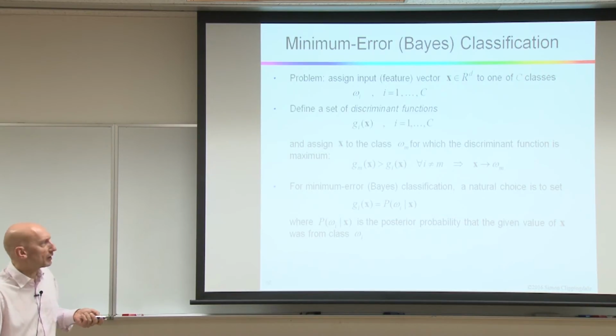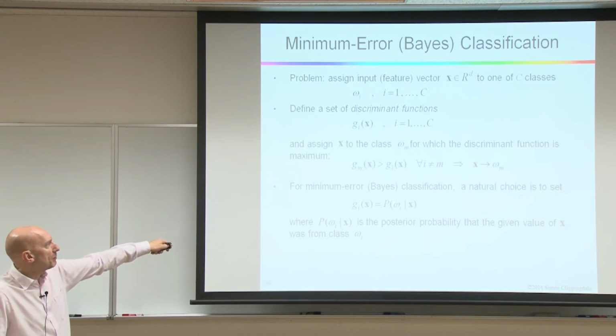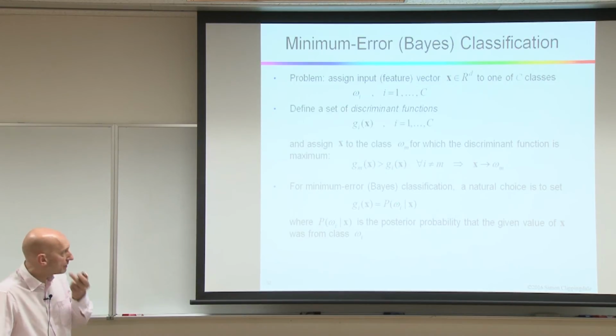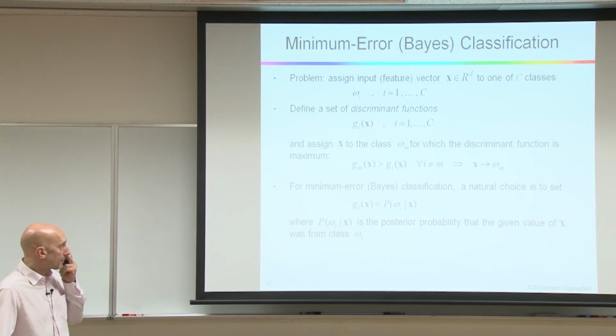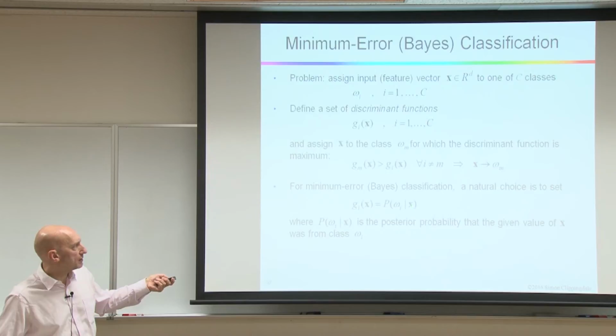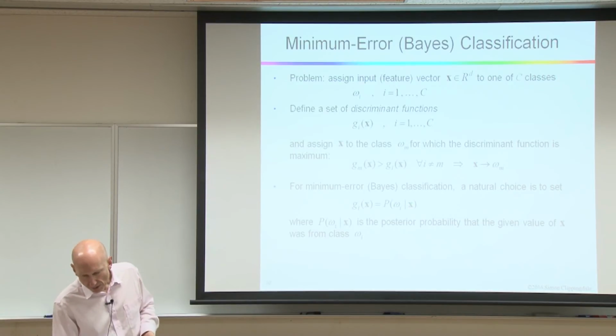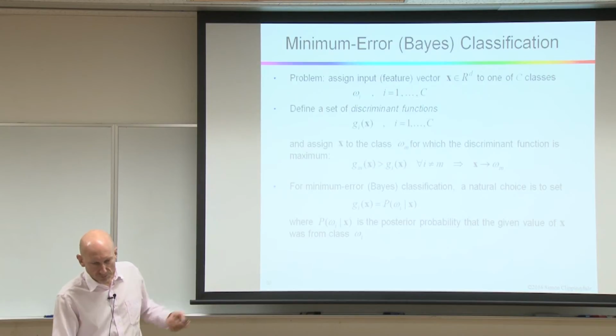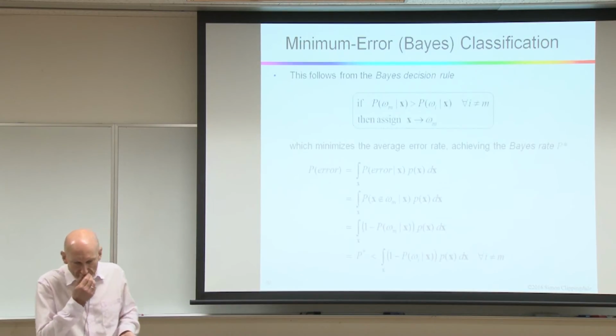Maybe somebody isn't. Okay. So this is the probability that your data X came from class omega i, depending on the value of X. Okay. So it's the posterior probability, meaning that the data is there rather than here. Okay. That the given value of X was from the ith class omega i.